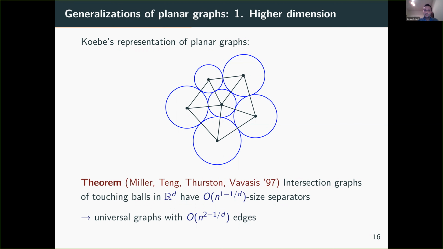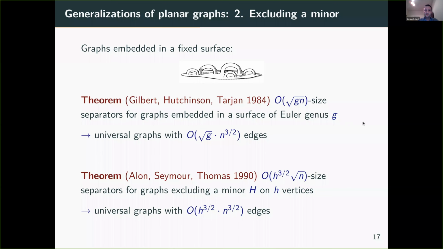A second way, which is very different, is to look at graphs drawn on a fixed surface. And then if you fix the surface, you have square root n separators. So you get an n to the 3/2 bound on the number of edges in your universal graph using these separators.